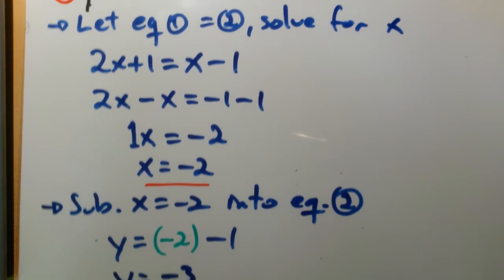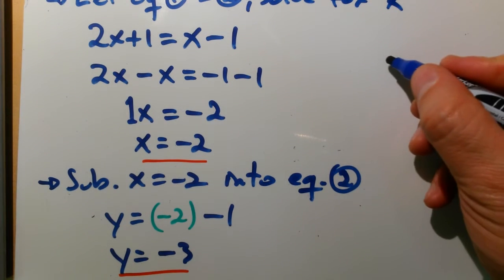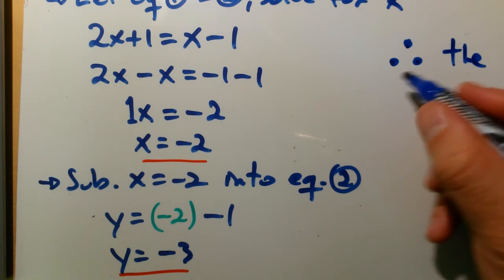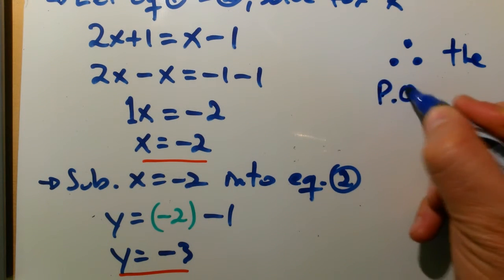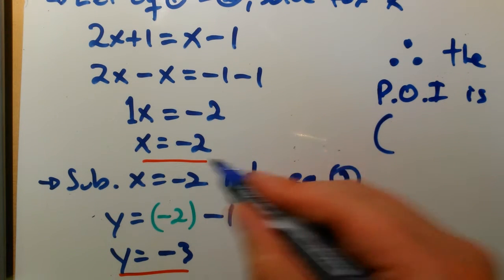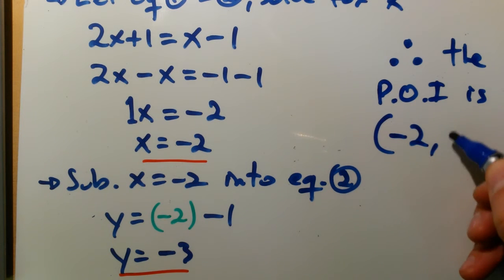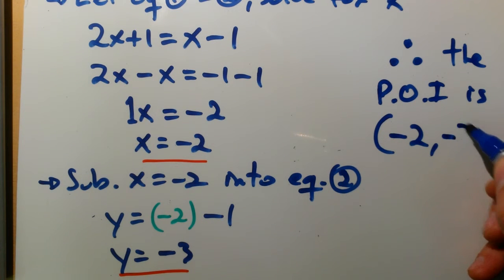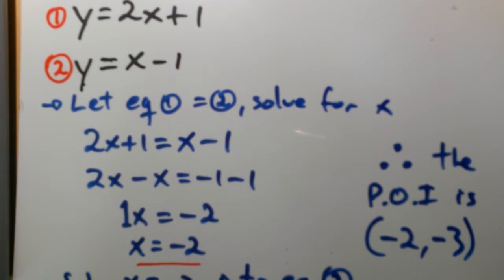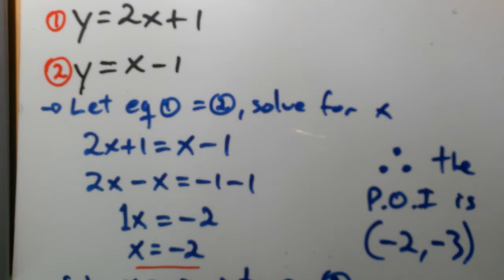Therefore, the point of intersection between these two lines is -2, -3.